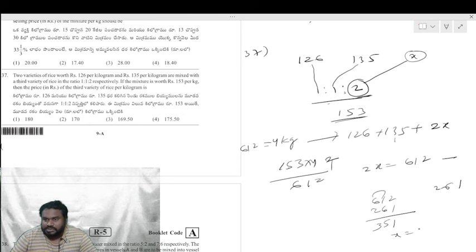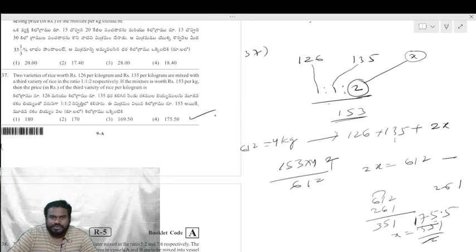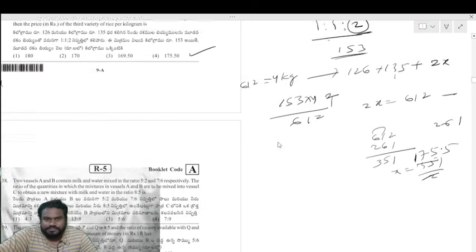So x is equal to 351 divided by 2. So it should be 175.5. So there are two options, you have to solve it. That's 175.5.